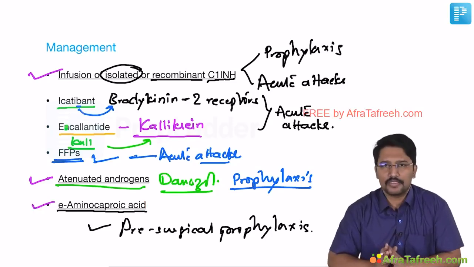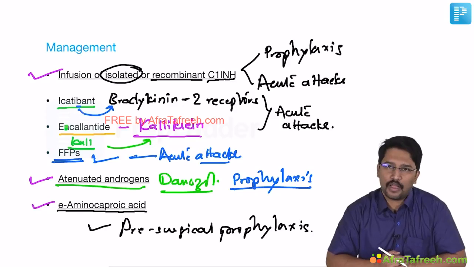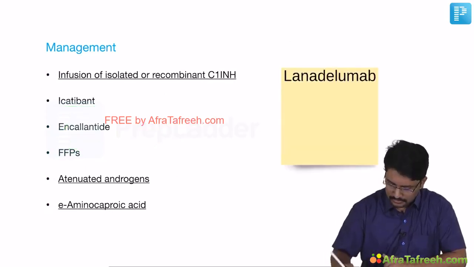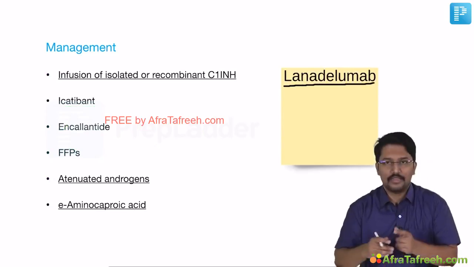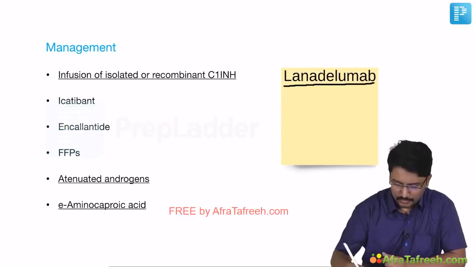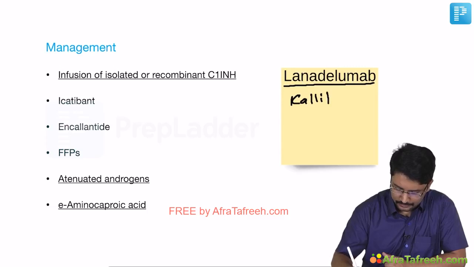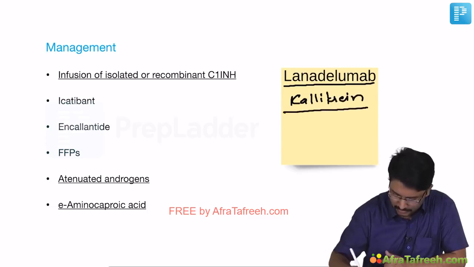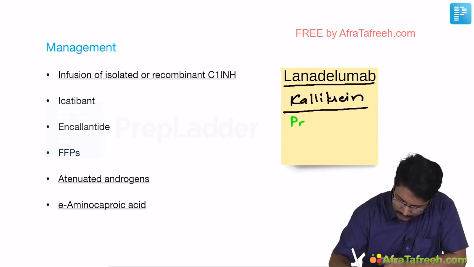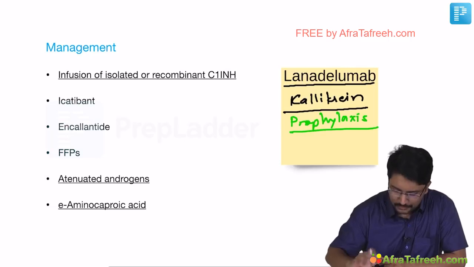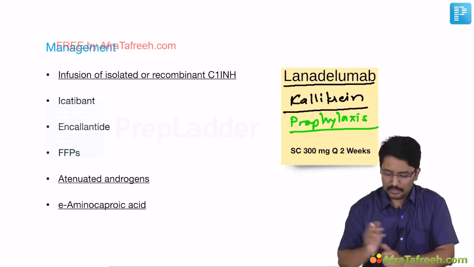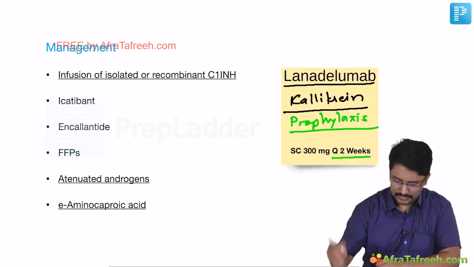Apart from these drugs, there are 2 new drugs which are very important from an exam perspective. The first one is lanadelumab. This is a monoclonal antibody against plasma kallikrein, and this is US FDA approved for prophylaxis of hereditary angioedema. The approved dose is subcutaneous 300 milligrams once in 2 weeks.